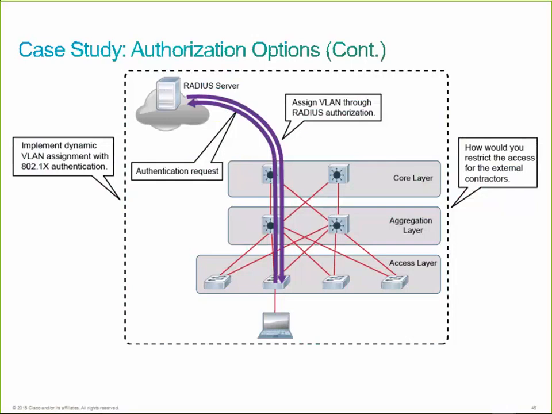And it doesn't stop there, by the way, right? Because we can do downloadable ACLs, we can apply port security functions. I mean, there's all kinds of things that can be pushed to this port level for security. The dynamic VLAN assignment is the easiest way for us to enforce our segmented endpoints.